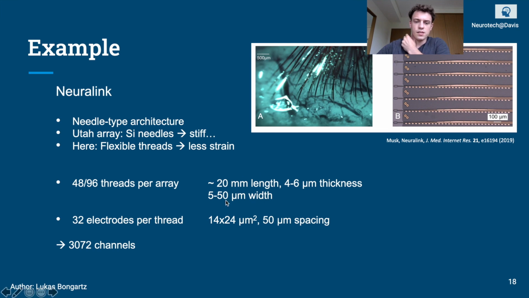And as you can see, the electrode dimensions we have discussed previously are also applying to this device here. The length of the threads is, by the way, a bit longer than the needles of the Utah array, which had 1.5 millimeter.